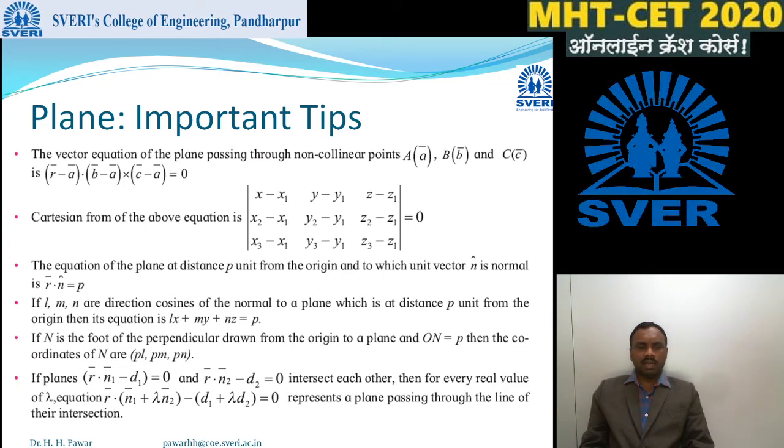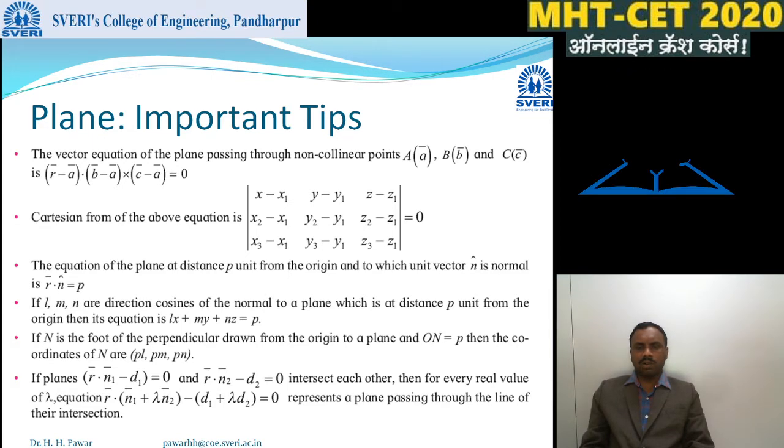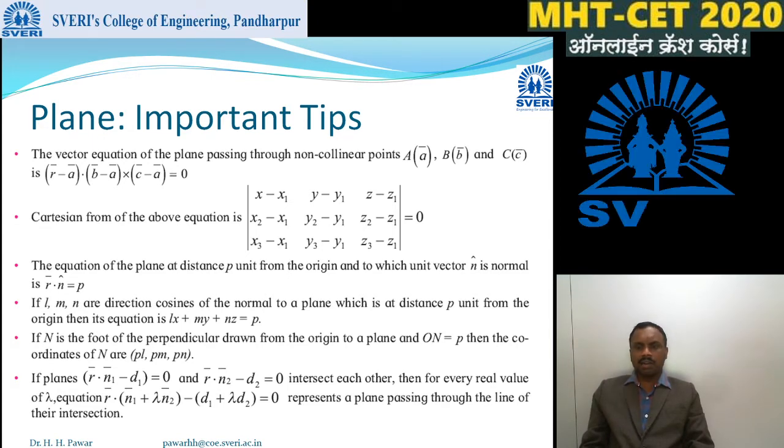Also, if N is the foot of the perpendicular drawn from the origin to a plane and ON equal to p, then the coordinates of N are pl, pm, pn.